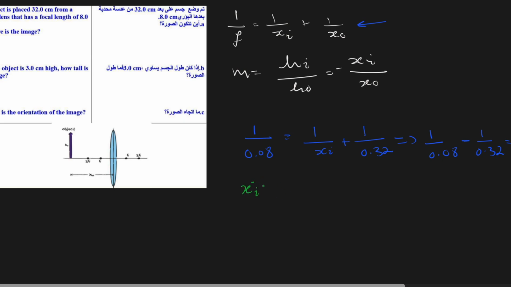So xi is equal to 1 over 0.08 minus 1 over 0.32, all to the power of -1, and this is going to be equal to something.